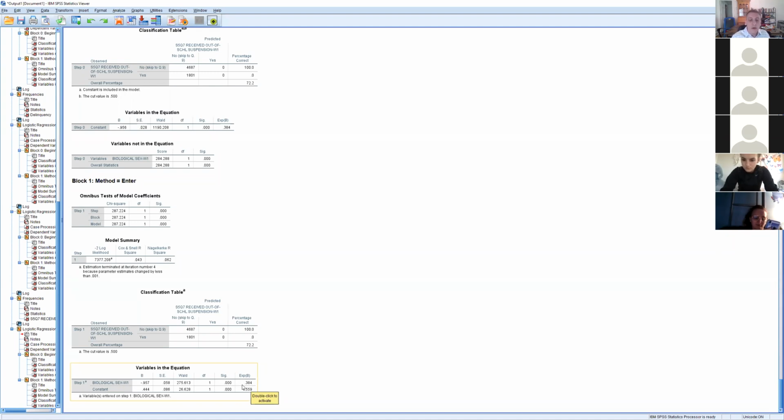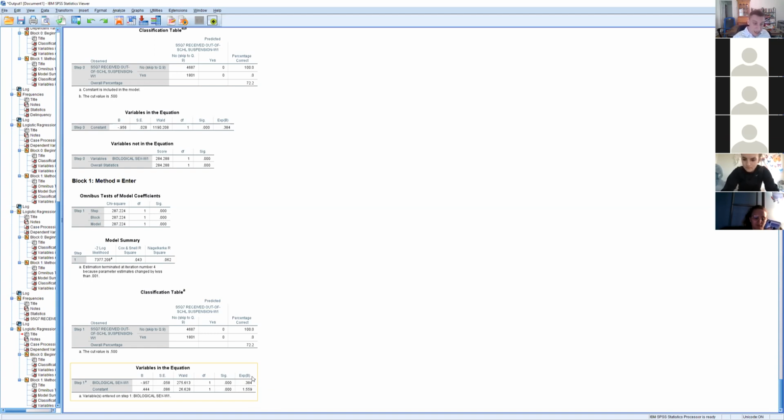Okay, and so you will never have an exponentiated beta term that is negative. Whenever you express these logits as an exponent of the constant e, if the logit is negative, it will always return a value that's less than 1.